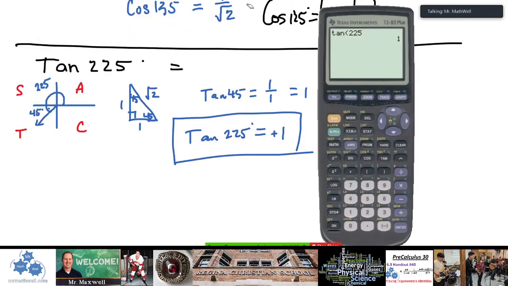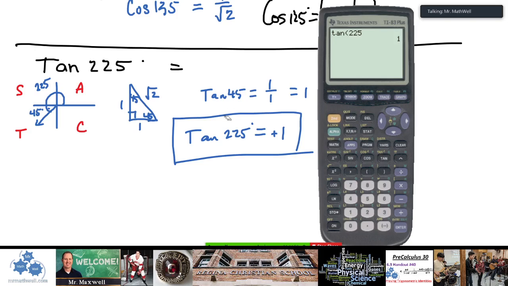All right, so tan of 225. What we need to remember is that the reference angle is the key to finding the exact value here. There's a good chance that the reference angle will be part of those special angle triangles. If it's not, we'll deal with that as it comes. In this case, 225 has a reference angle of 45 because 180 plus 45 is 225.